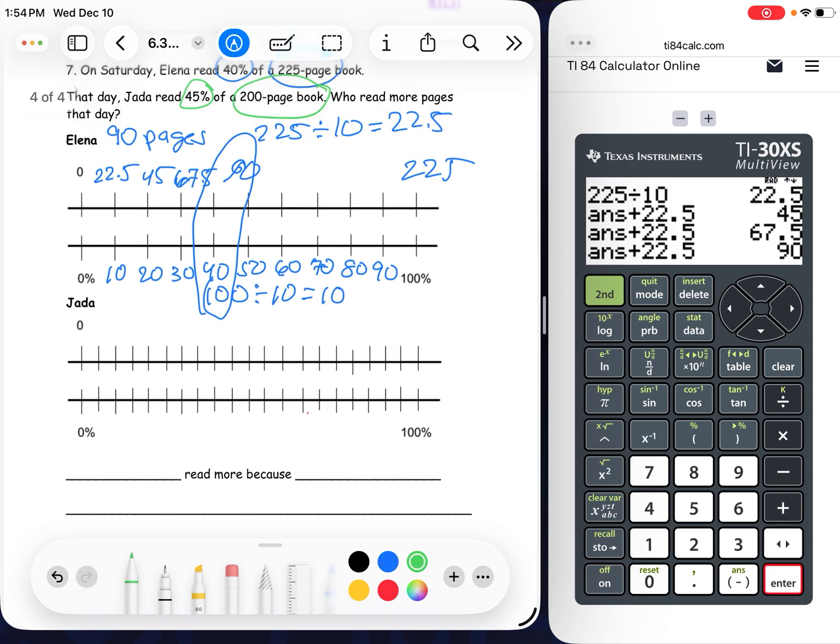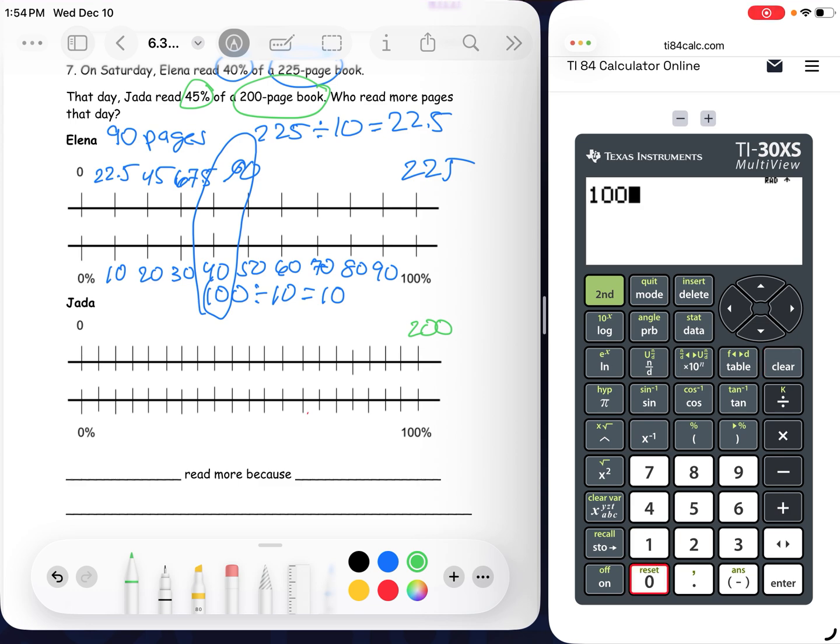So Jada has 100%. How much is 100% of her book? 200 pages. And we have it split up into 20 sections. So 100 divided by 20 equals 5. We're skip counting by 5s. 5, 10, 15, 20, 25, 30, 35, 40, 45. I only have to get to 45%, so I'm going to pause right there.